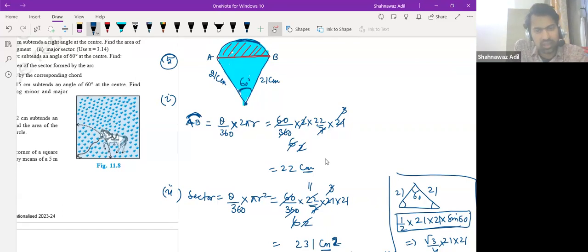And in NCERT, how much did they solve, or did they write it in this way? Let me check the NCERT. So 11.1, question number 5, right?